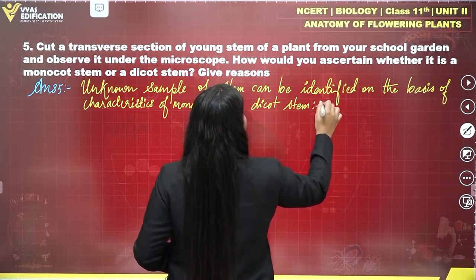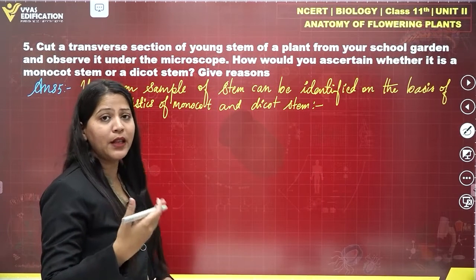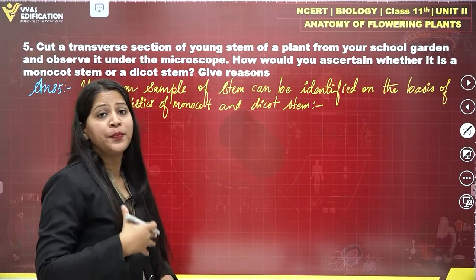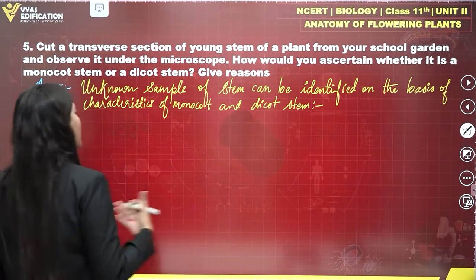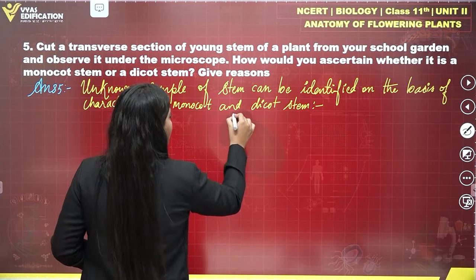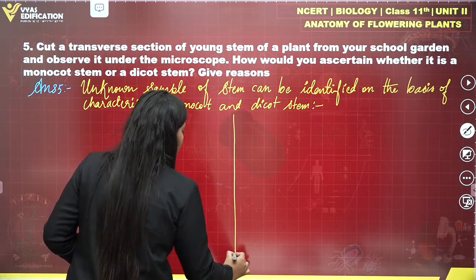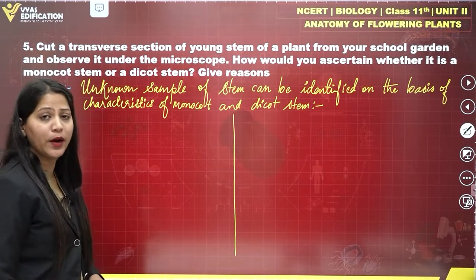To identify the unknown sample, we have to know the characteristics of dicot stem as well as the characteristics of monocot stem. So we will write the characteristics of monocot and dicot stem over here.